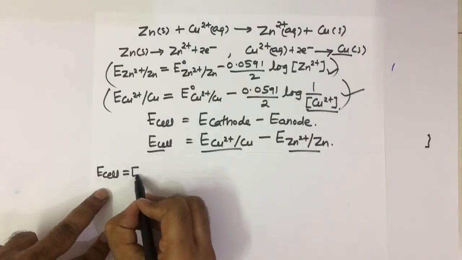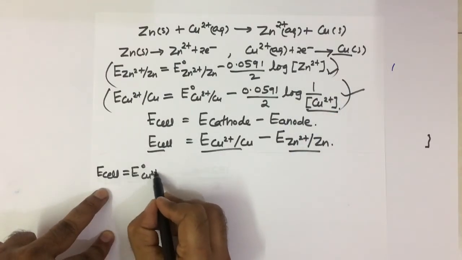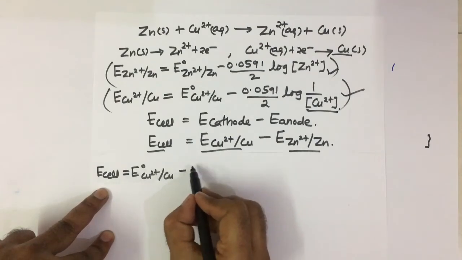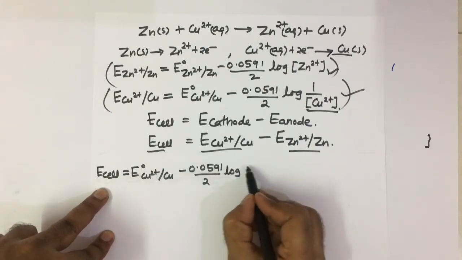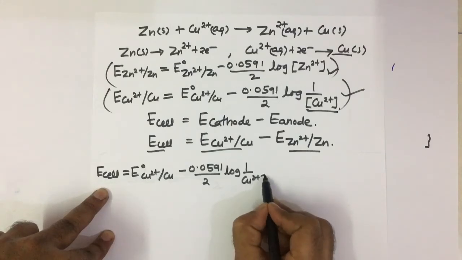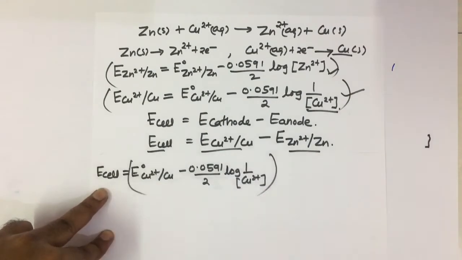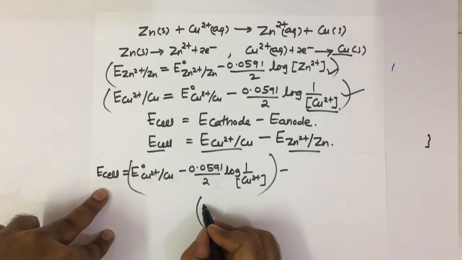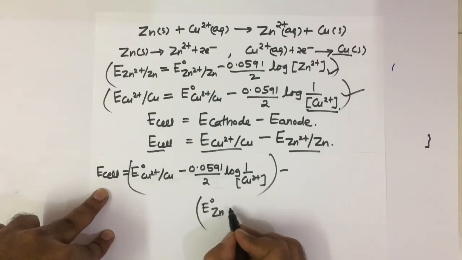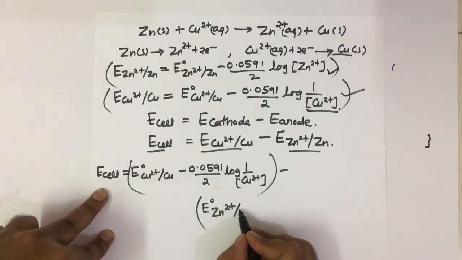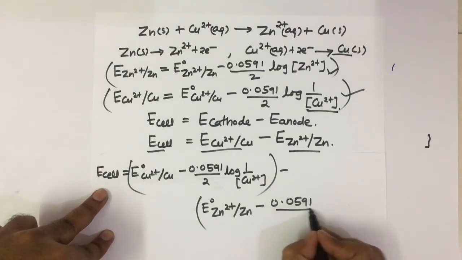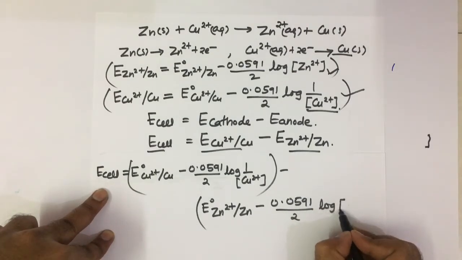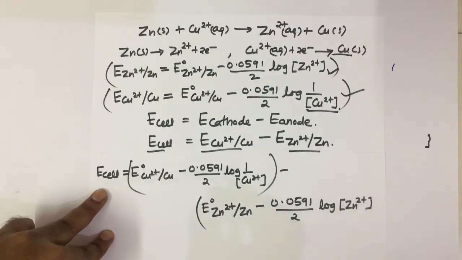So E naught Cu2+ upon Cu minus 0.0591 upon 2 log of 1 upon Cu2+, that is E cathode, minus E anode, which is E naught Zn2+ upon Zn minus 0.0591 upon 2 log of Zn2+.